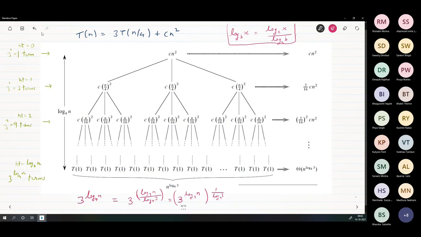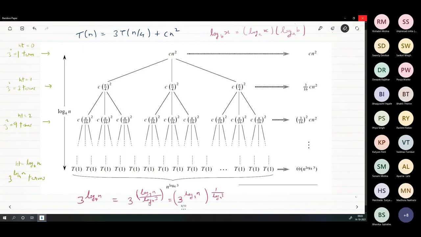It should be multiplicative. Sorry, I made a mistake. So log x to the base b is equal to log x to the base a times log b to the base a. Very sorry, small mistake.